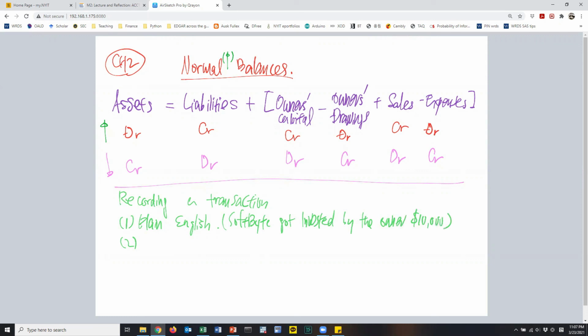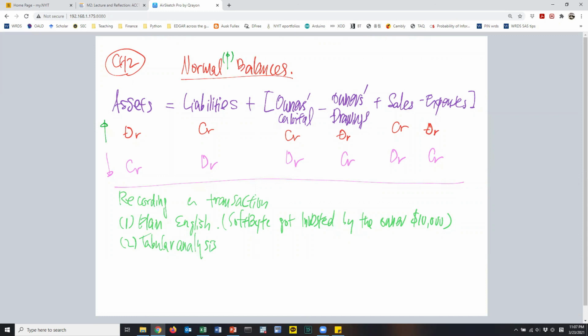Another way of recording a transaction is using tabular. What was it?